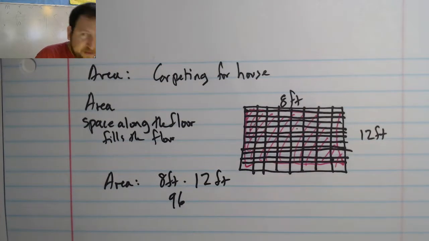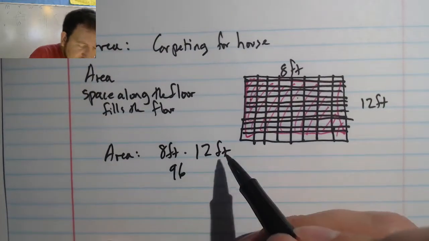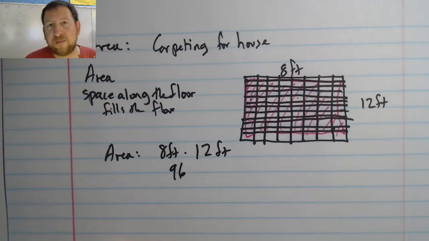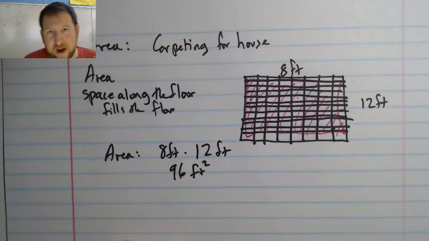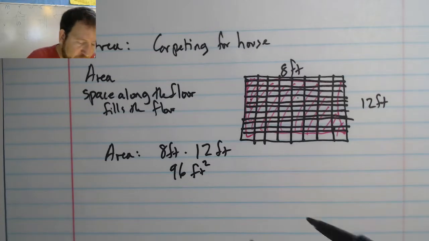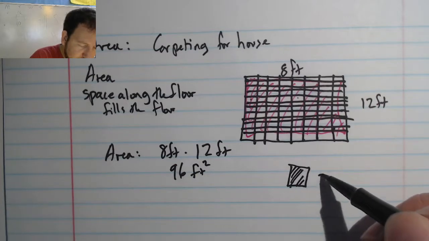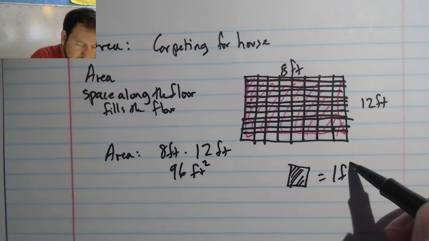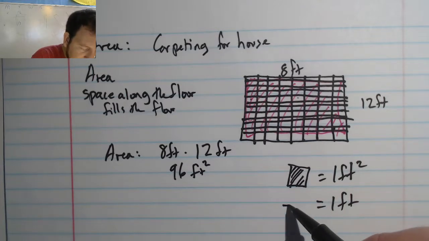Now, an interesting thing happens when I multiply for my areas. I also have to multiply feet times feet. And feet times feet is feet squared. So that represents square feet, because a square foot is like buying tile, and looks like this, whereas 1 foot looks like this.